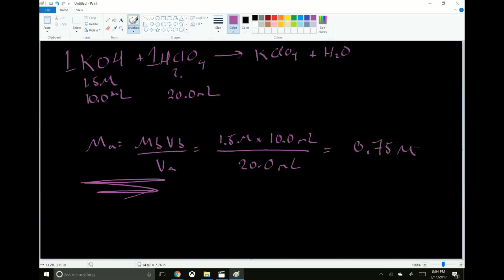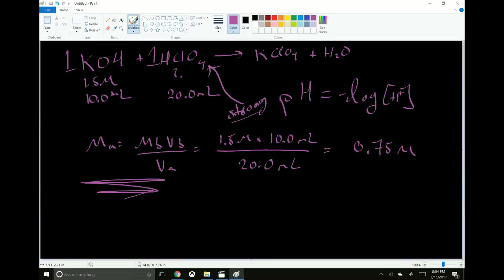But I didn't ask for the concentration, I asked for the pH. pH is equal to negative log of the concentration of H+. Fortunately for all of us, HClO4 is a strong acid. Hopefully you'll remember that in the future. Strong acid, strong base, you don't have to worry about anything else.